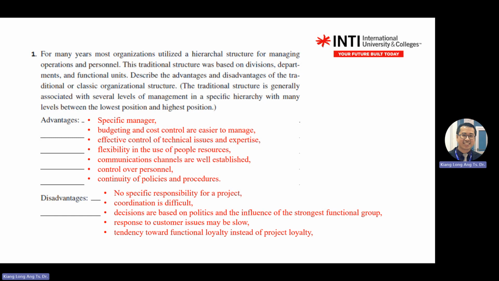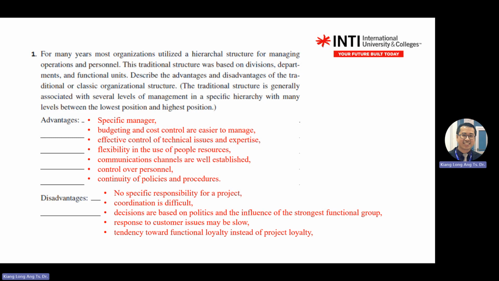Response to customer issues may be slow, but you can say it is better compared to the project. Tendency towards functional loyalty instead of project loyalty.